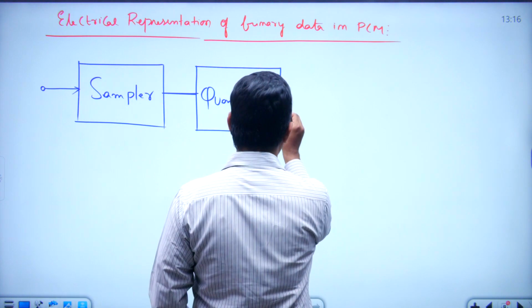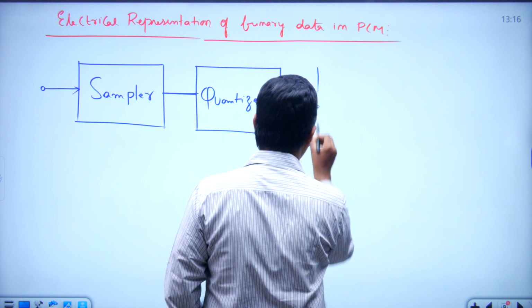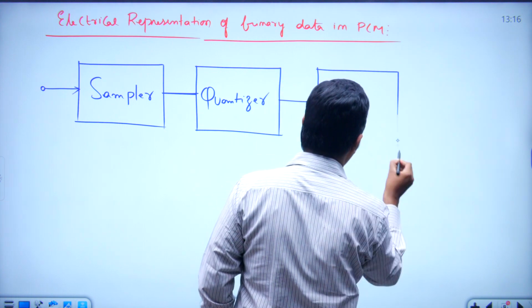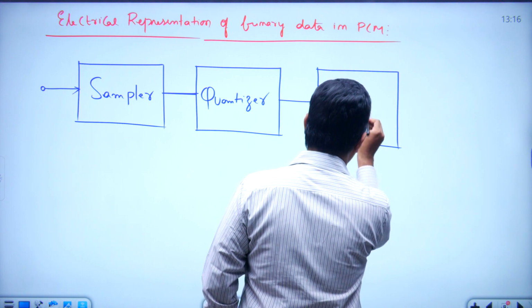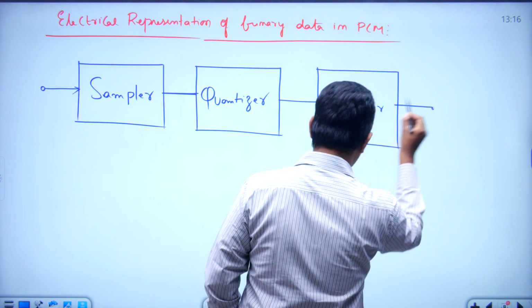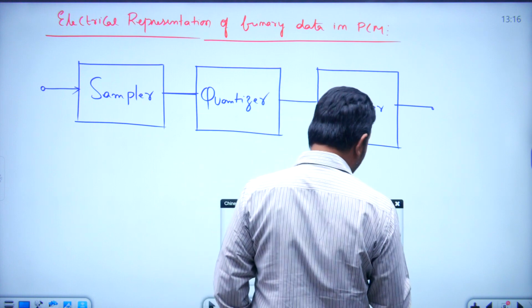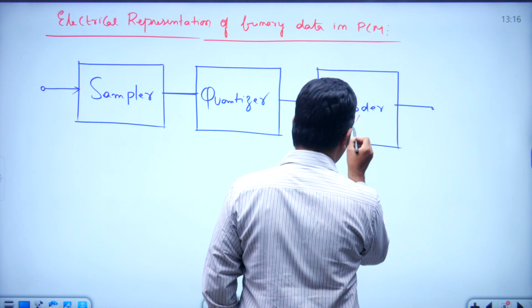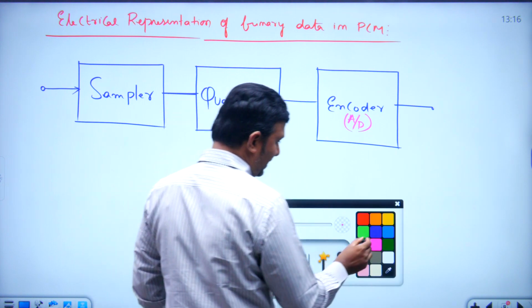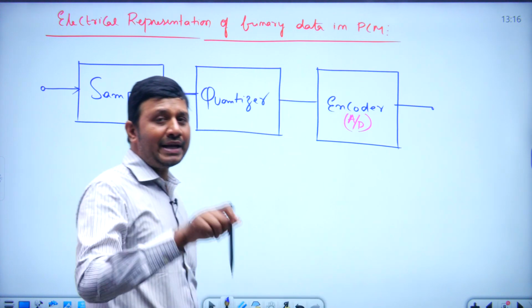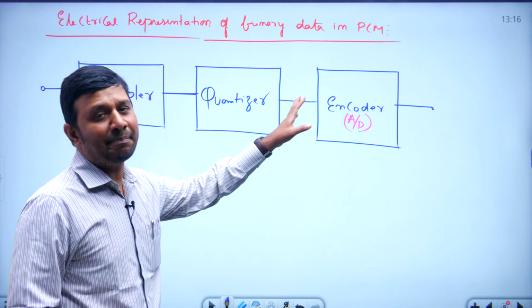After that, the quantized samples are fed to the next block known as the encoder. And remember, this encoder is an A to D converter, which generates the binary data for the samples.